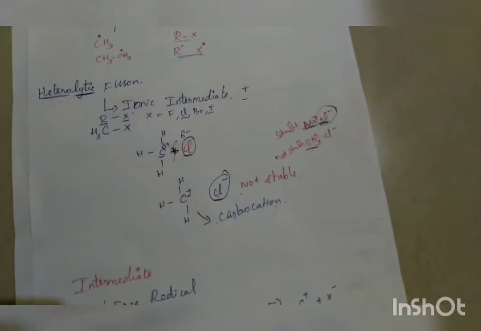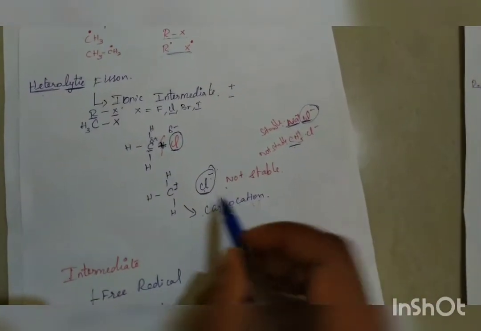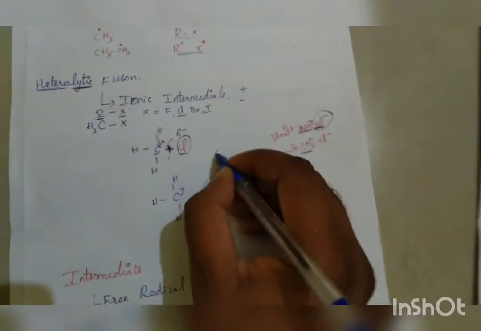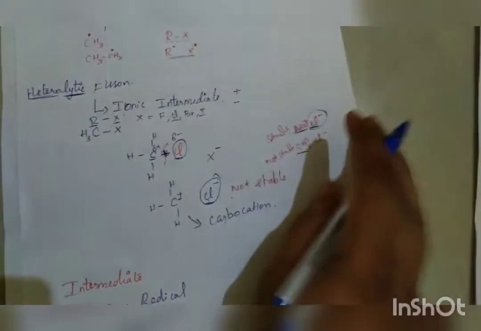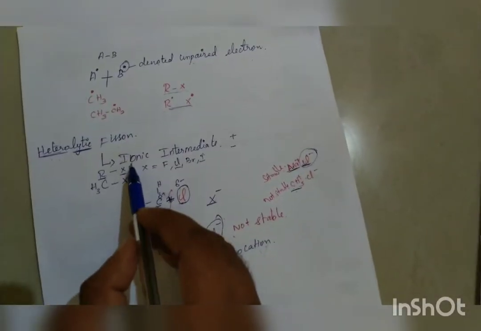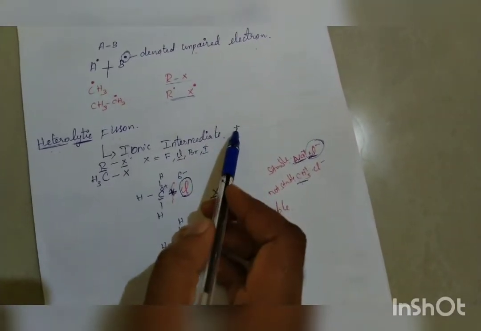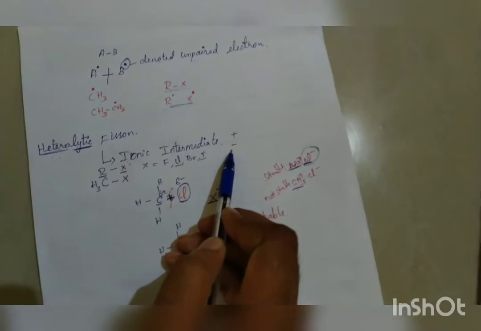Now we can see the carbocation, and the halogen anion. Already we saw that the ionic intermediate is of two types, one the cation, another the anion.